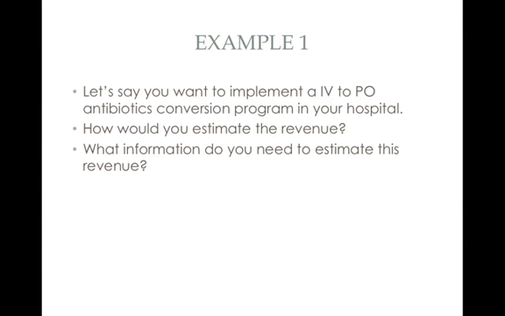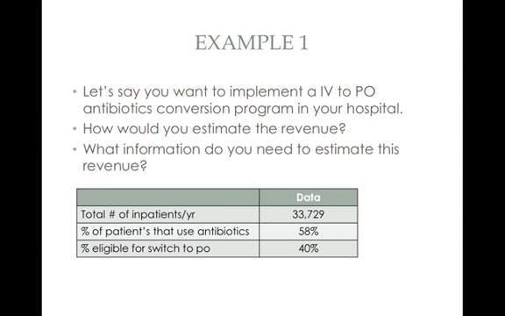Let's quickly go over a basic and oversimplified model to enhance understanding. If your proposal is for an IV to PO antibiotics conversion program in your hospital, how would you estimate the revenue? First, we have the total number of inpatients and the percent of patients that use antibiotics.